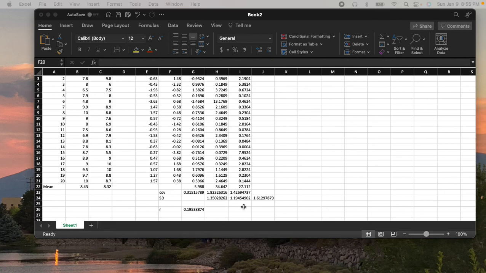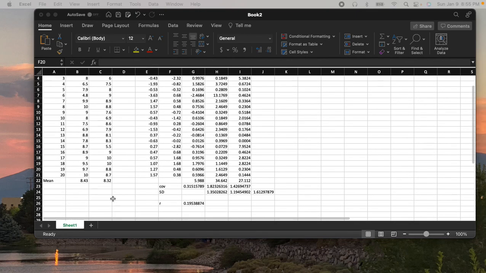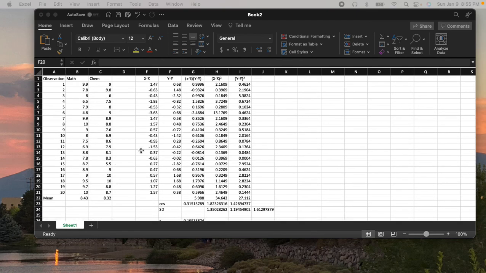Based on what we learned, if the correlation is close to 0, that means it's not too strong. If it's closer to 1, it is really strong. And if it's closer to -1, it is strong but in the opposite direction. So closer to 1 is strong, moving in the same direction. Closer to -1 is strong in the opposite direction. In this case, I can say there is not a whole lot of correlation between getting a good grade on math and getting a good grade on chemistry.